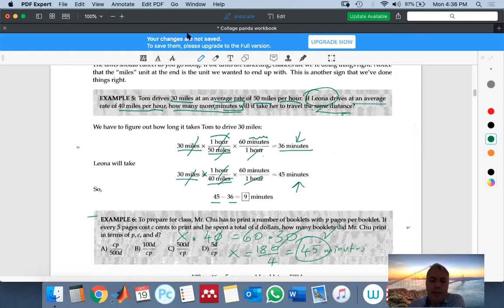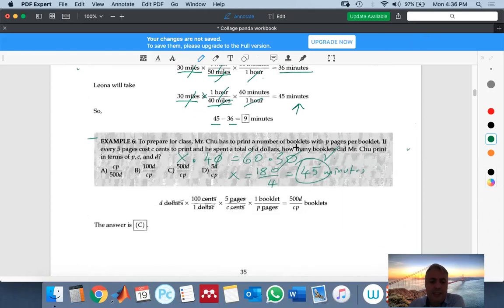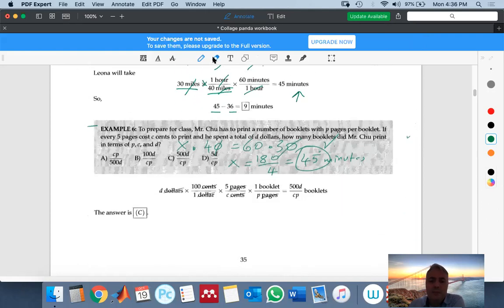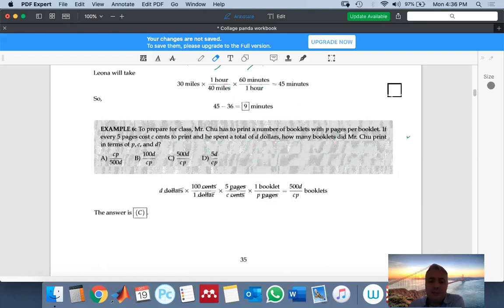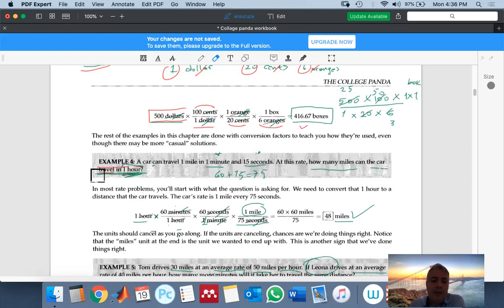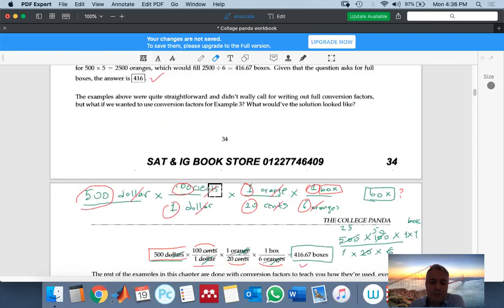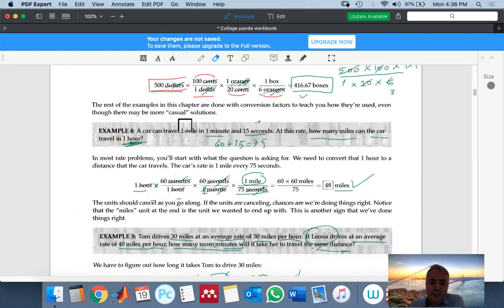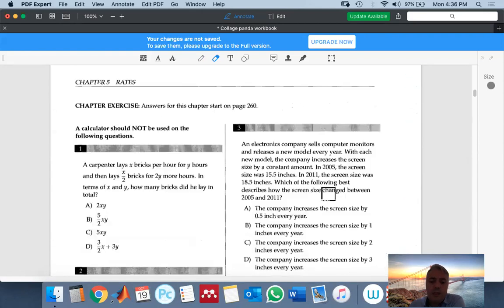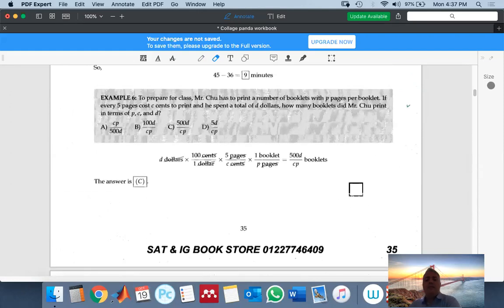Question 3 and 4, can you repeat? I can repeat. Let's go with this one. Let's go for this. And we may look at 3 and 4. Read the question number 6.